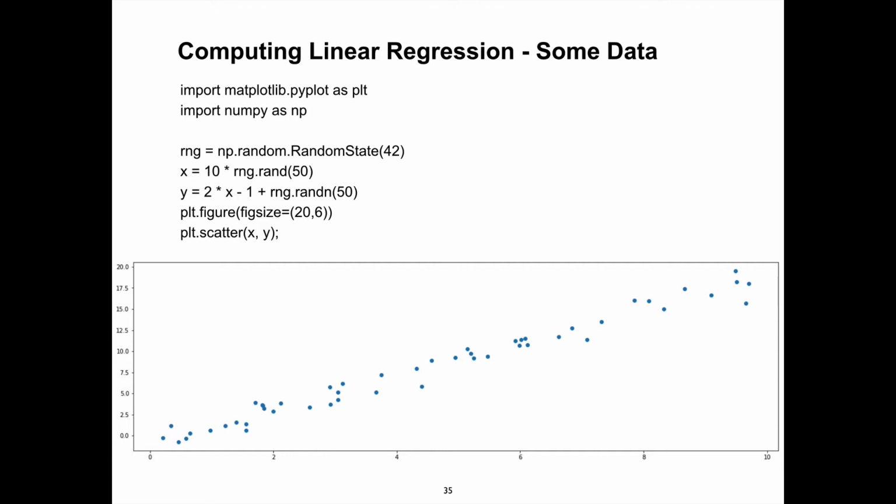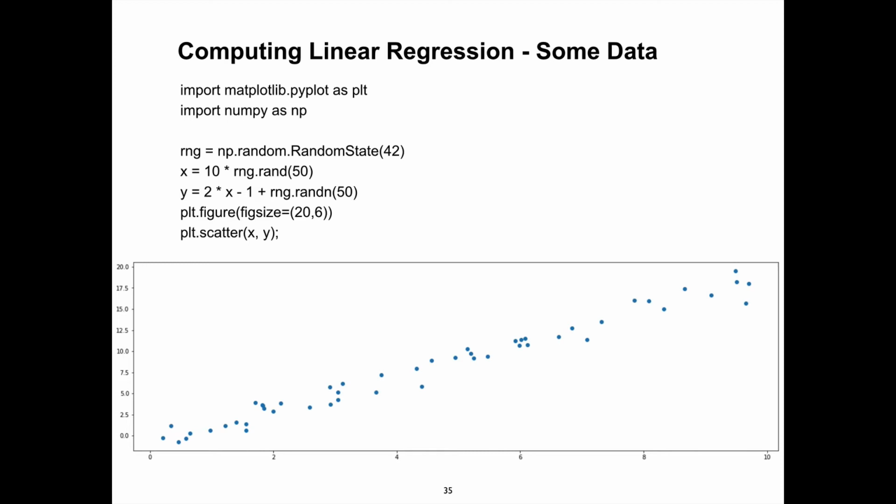So here's an example. So standard imports, generate a number generator. I'm going to generate 50 random numbers, and then I'm going to multiply them by 10. So these numbers are between 0 and 1, so now I get between 0 and 10.